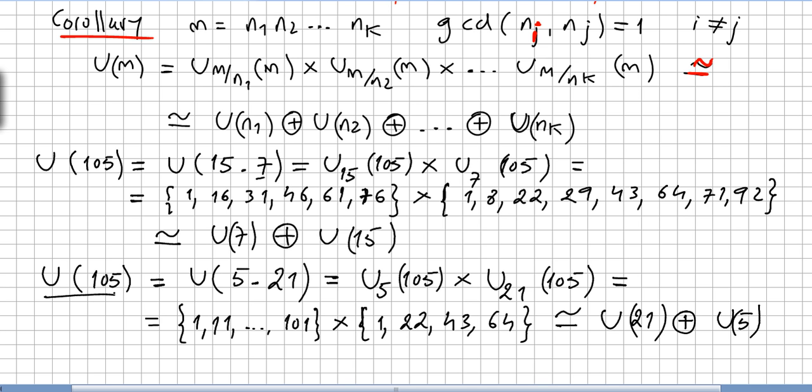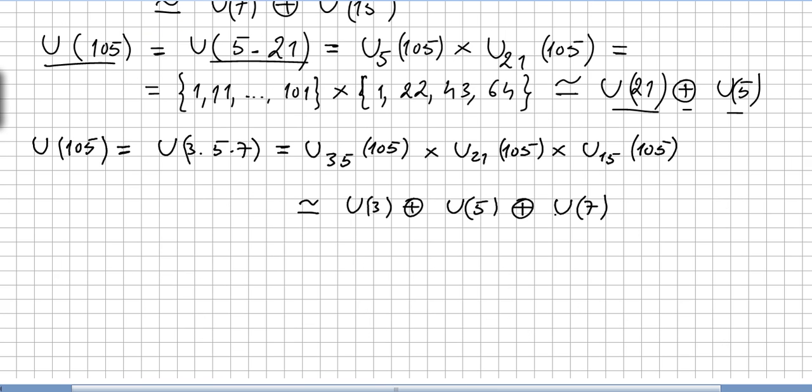You see, so units 105 equals units of 5 times 21, so that's isomorphic to the units 21 external direct product of U(5), or units 5 of 105 internal direct product of U_21 of 105. Or you can factor 105 in 3, so that will be U of 3 times 5 times 7, right?